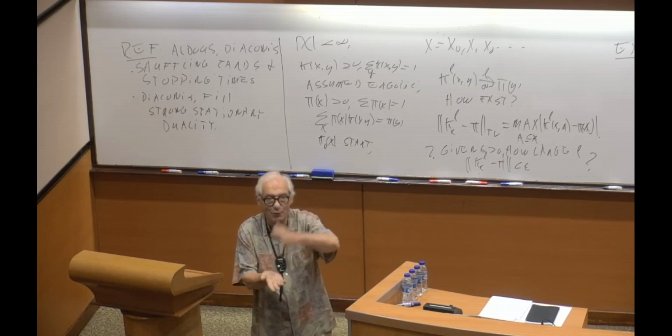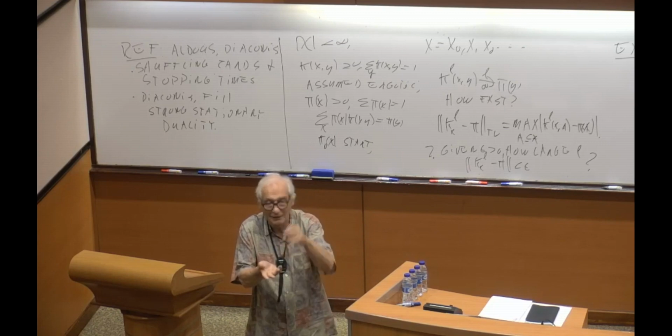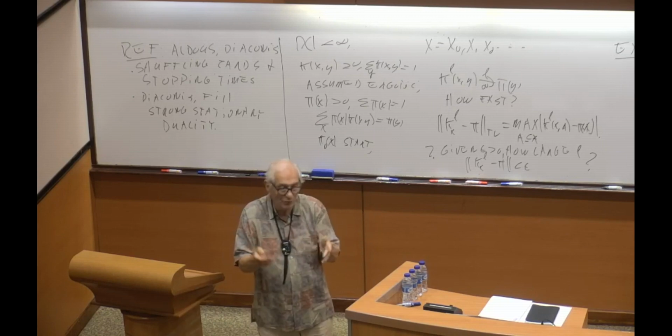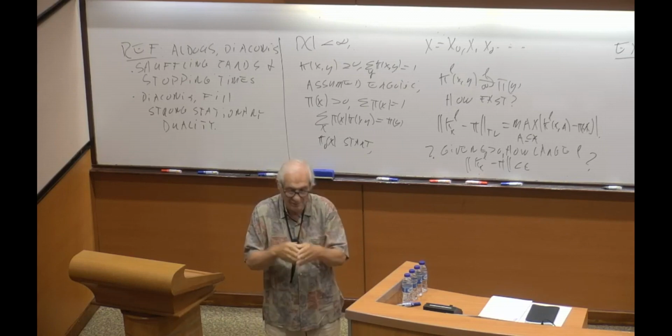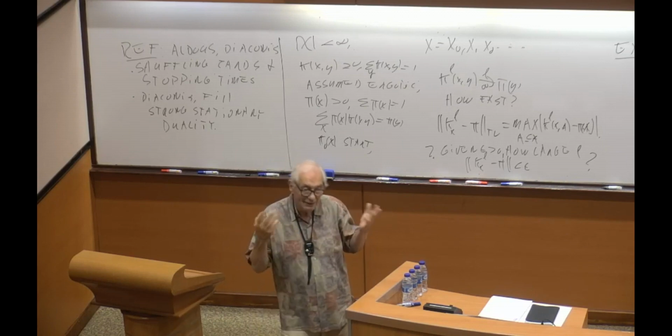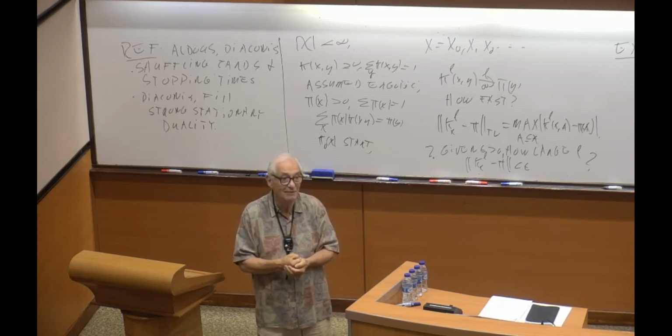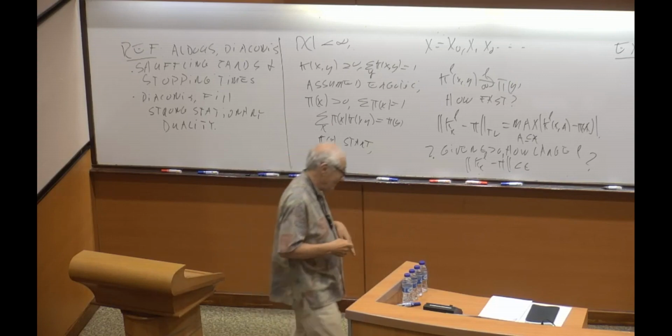The deck starts out in order, and you take the top card off, and you poke it in at random, and you just keep doing that. You just keep poking the cards in at random. And it's obvious intuitively that if you do that a long time, the deck gets all mixed up. And it's a question, how many pokes does it take to mix up the cards? Yeah, that's a typical example.